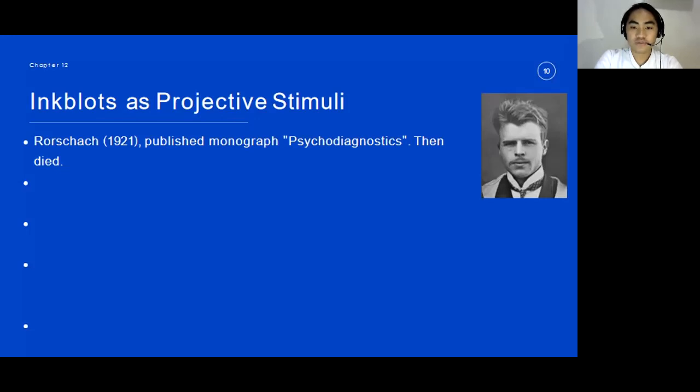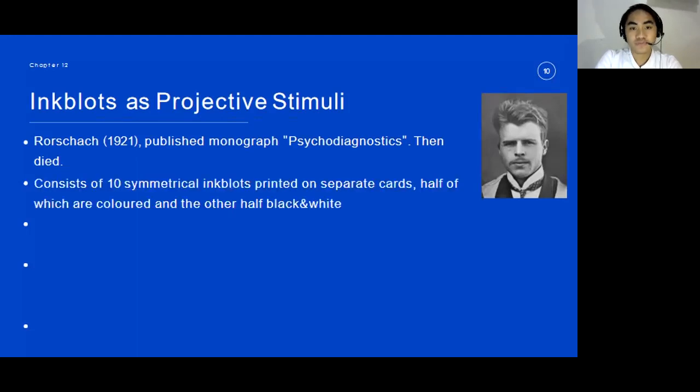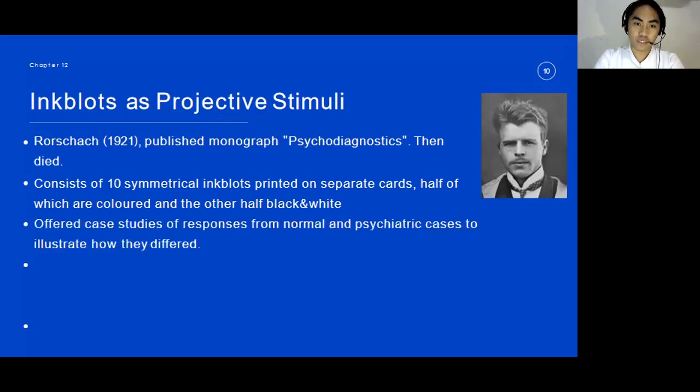It was set to really take on the psychological field, and then he went and died. So unfortunately, he never got to see his work being widely used. It consisted of 10 symmetrical inkblots printed on separate cards, half of which are colored and the other half black and white.